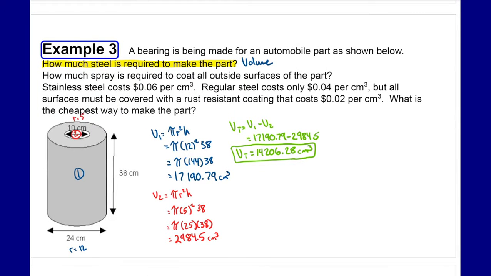So if we look at the figure, everything that's shaded in gray. So that means we have to find the area of the two end pieces and then the rectangular side, the rectangular piece or surface that goes around. So let's just do a cross section of the base, or the top and the bottom.